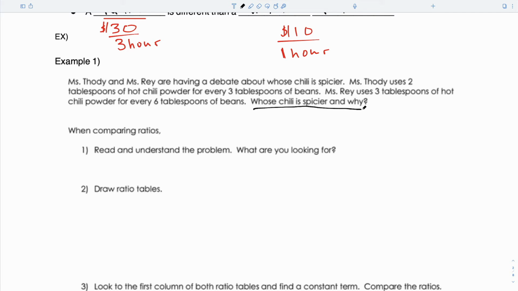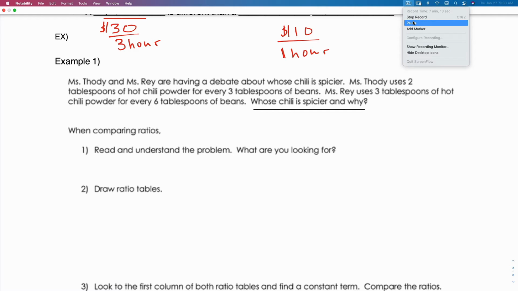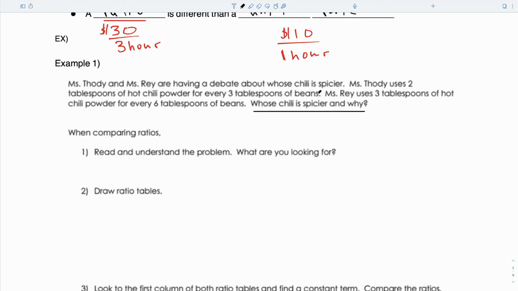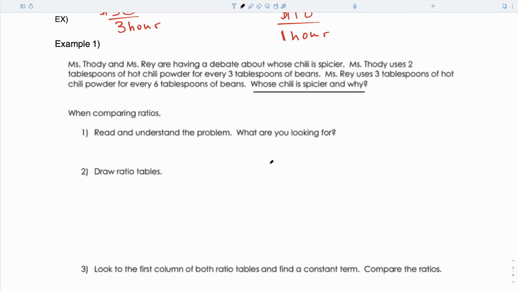Underline what you're looking for. I'm looking for whose chili is spicier. And to do that, I'm going to use a ratio table to help me figure it out.